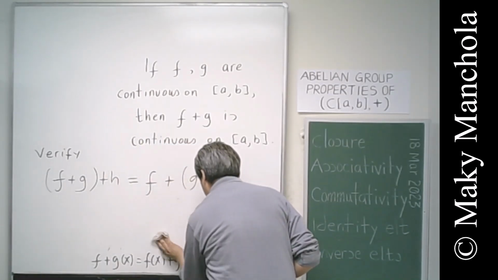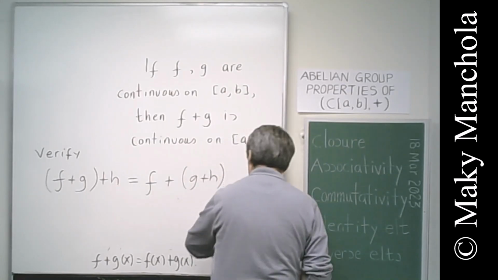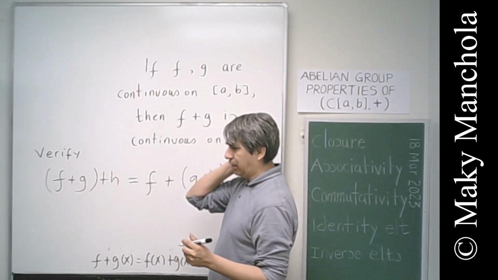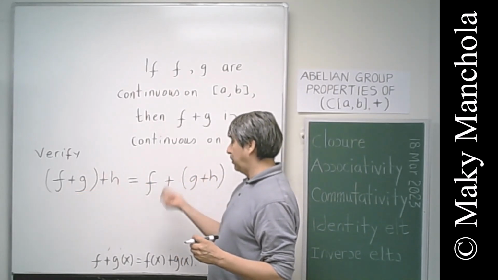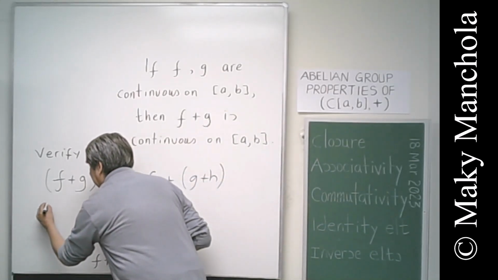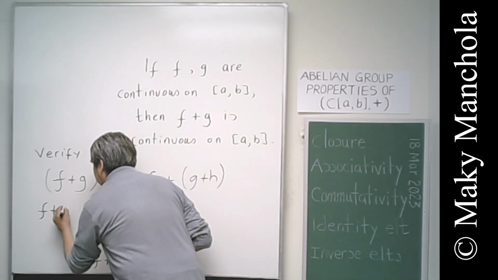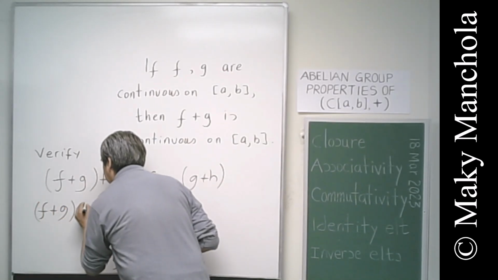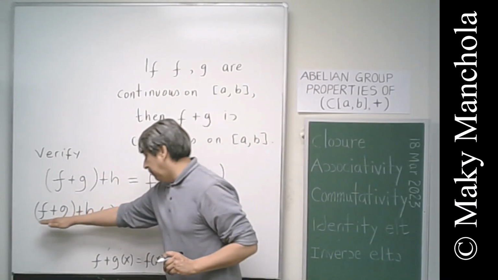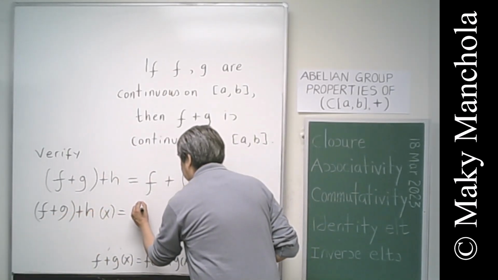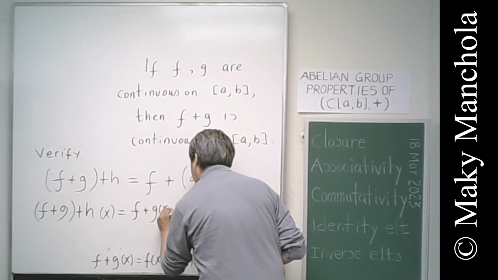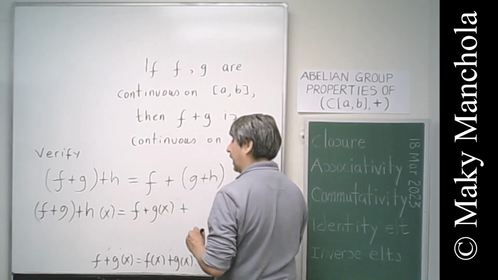So let's proceed to write out the meaning of this left-hand side. What is f plus g added to h? Well, it means f plus g added to h evaluated at x equals f plus g evaluated at x plus h of x.